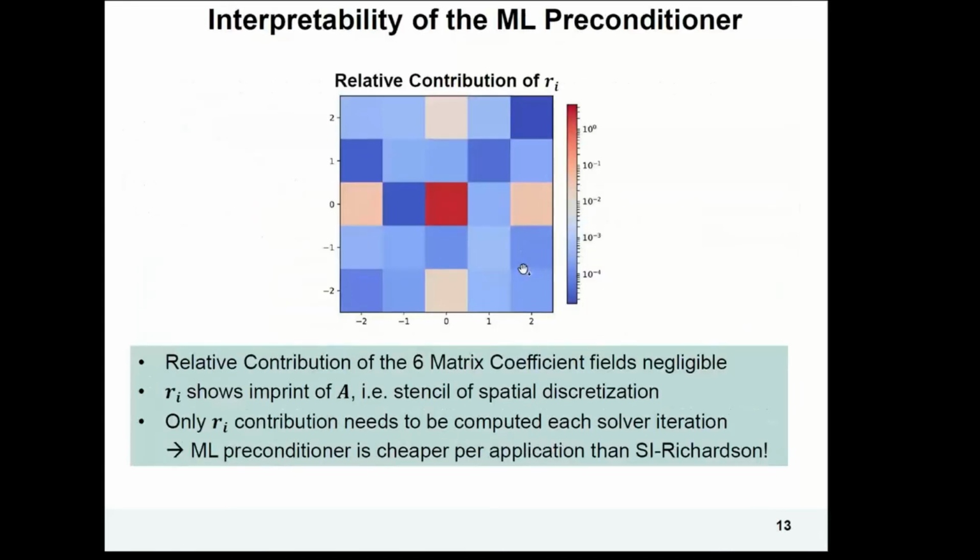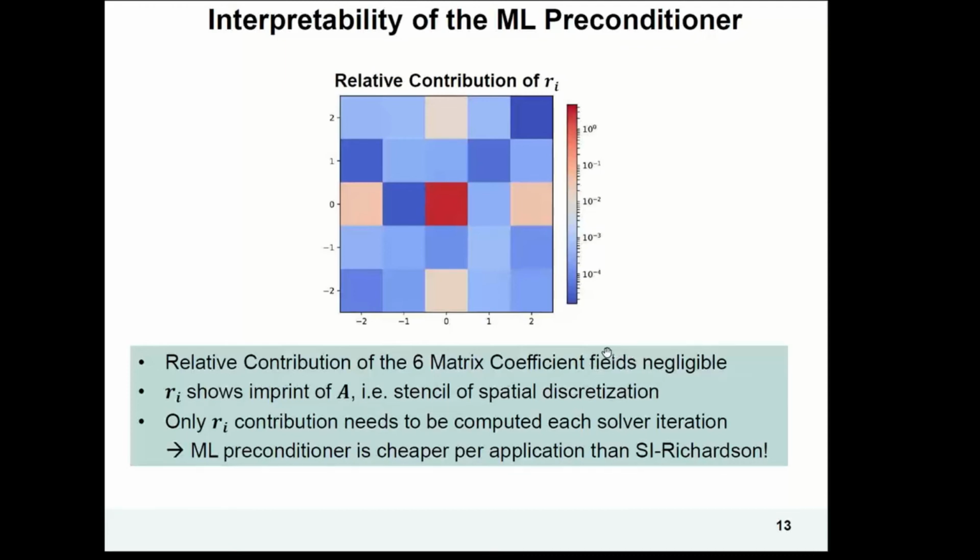The good thing about having this really low complexity machine learned preconditioner is that we can actually analyze it, so we can interpret what's happening. Here you see the relative contribution of the linear regression that's applied to the residual error field. The relative contribution of the 6 matrix coefficients was not shown here because they turn out to be completely negligible.